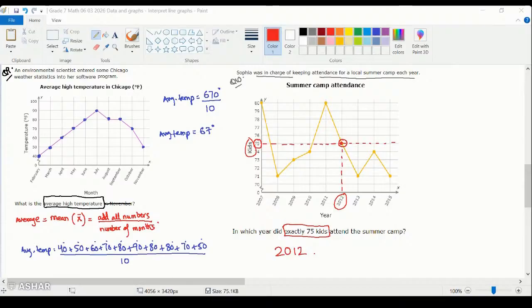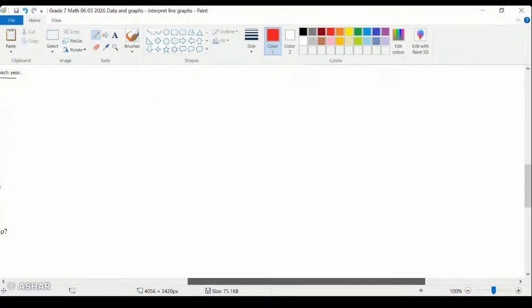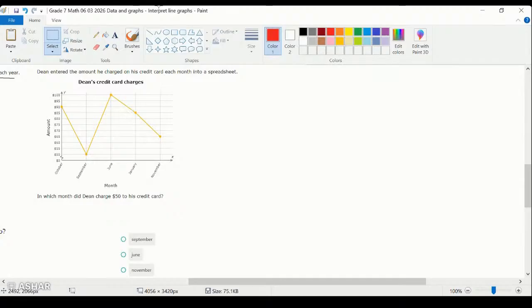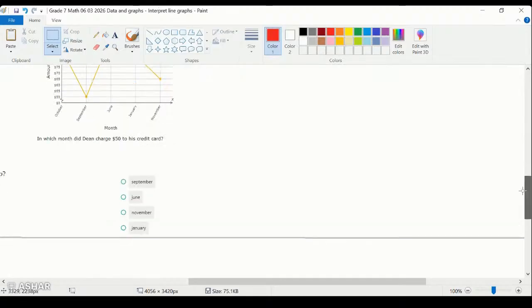Okay. So the first question in the test says, Dean is noting down the amount that Dean charged for the credit card. If these are the months given to us, let me just copy the months.